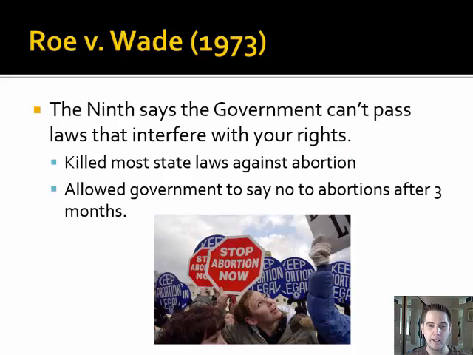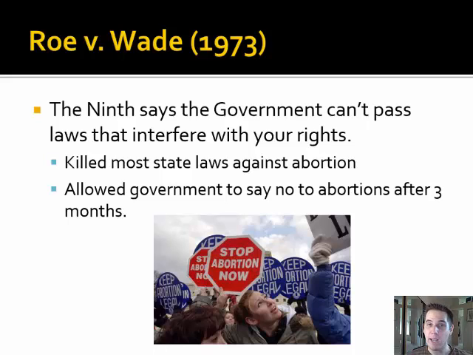The government can't interfere with them. Now, they understood what that meant, to just say you can't stop any and all abortions, so they did limit it. They said that after 3 months, the government can say no abortions. Okay, because at that point, now we're talking about something that is kind of acting like a real human being. It's really hard to argue with at that point, after the first trimester.